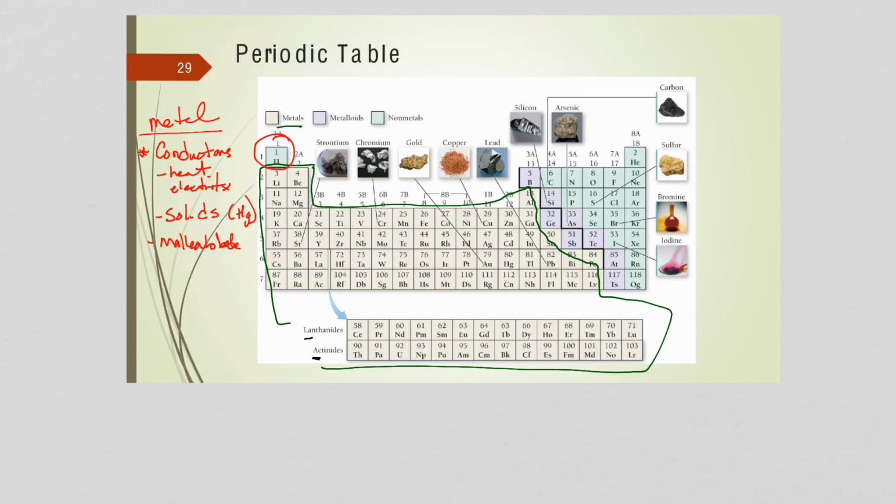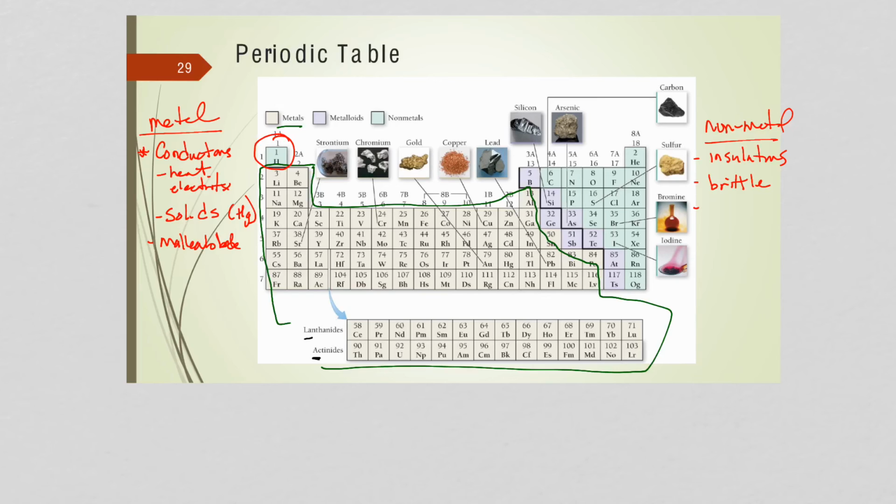Nonmetals, if we look over here, are going to be insulators. So they're nonconductors, they don't conduct heat or electricity very well. They are, for the most part, brittle. We can't bend them. They're brittle if they're in solid form.